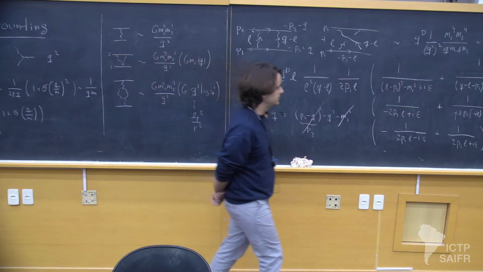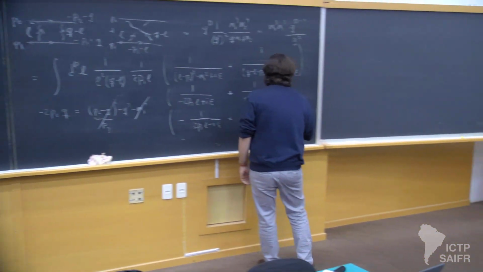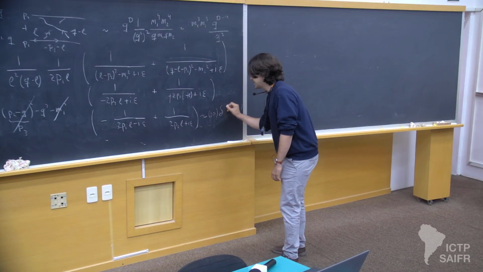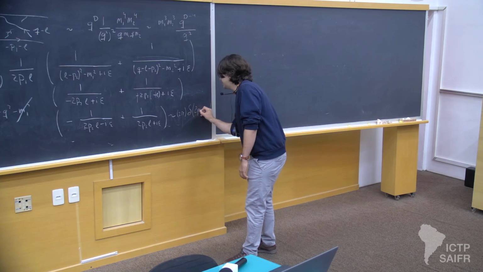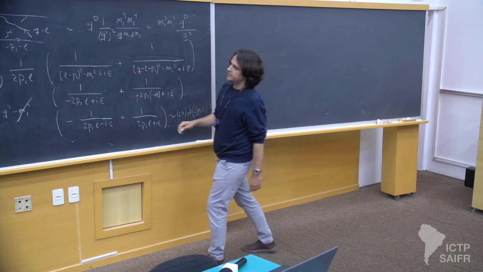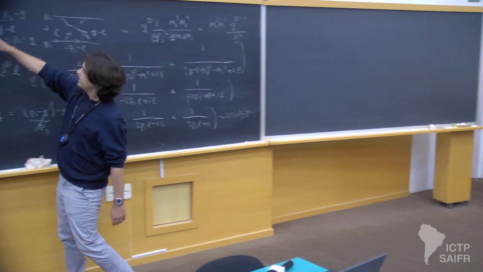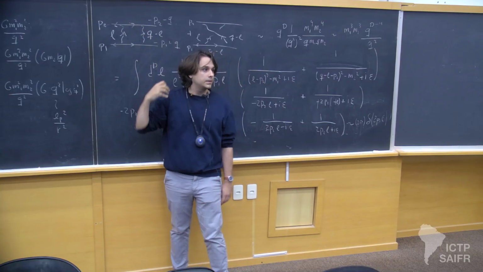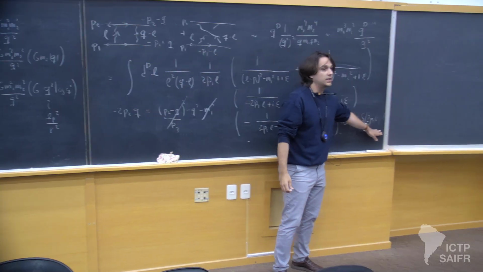Yeah. So this thing is, by some distributional identity, 2 pi times delta of 2 P2 dot L. So we see that this propagator, when I combine this, essentially becomes on shell. Okay, so it's cut.